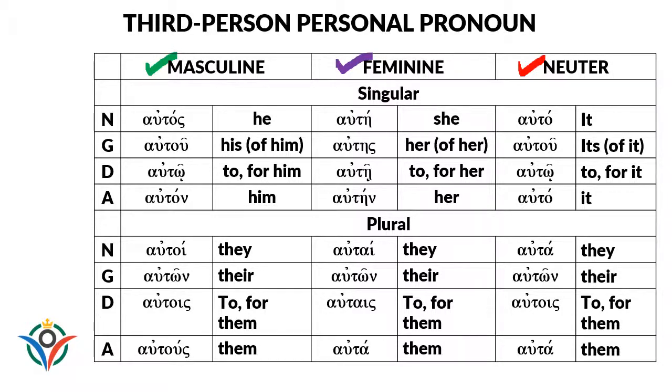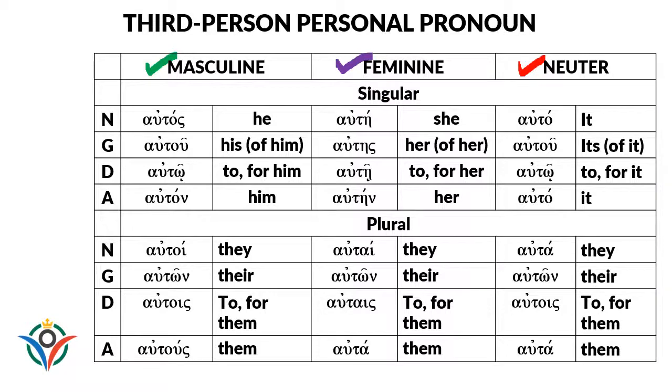Now, even though there's a lot of information in this table, what I want to make you aware of from the outset is that all the endings of the third personal pronouns are identical to the first and second declensions. All right, so they are identical to the first and second declensions.